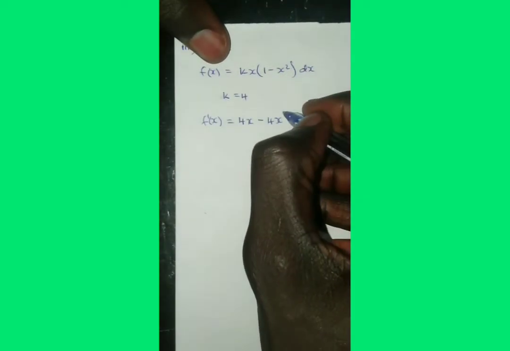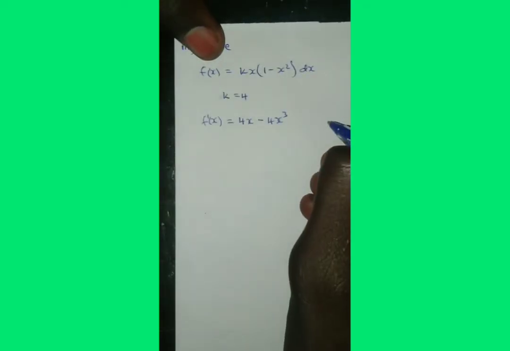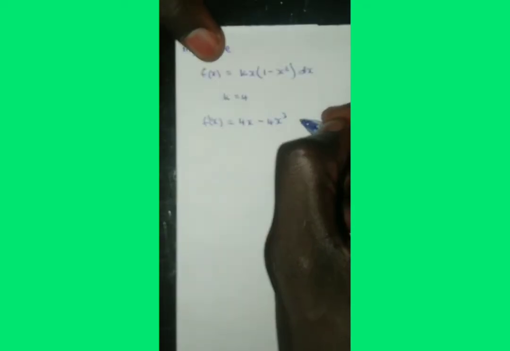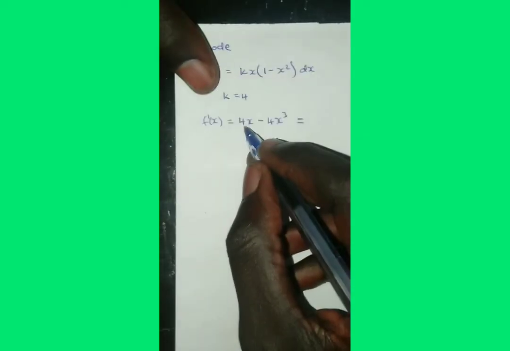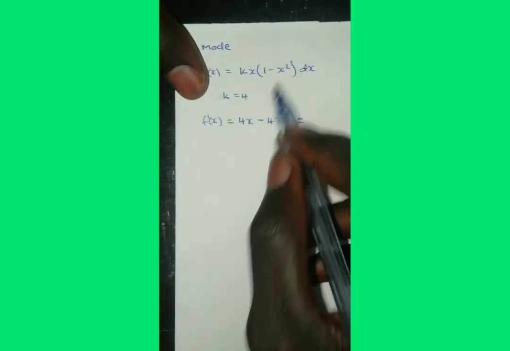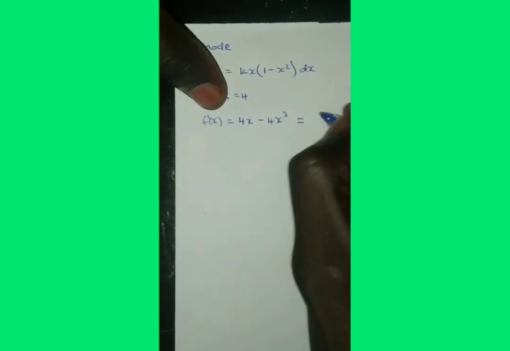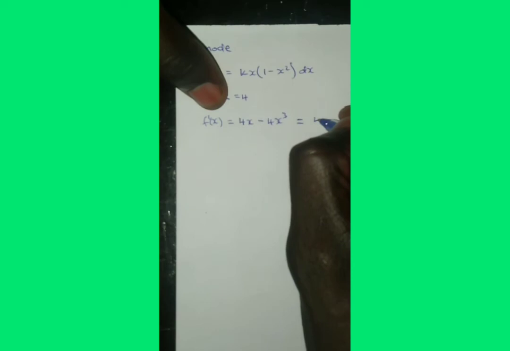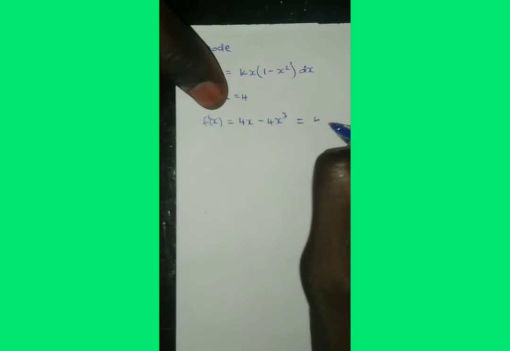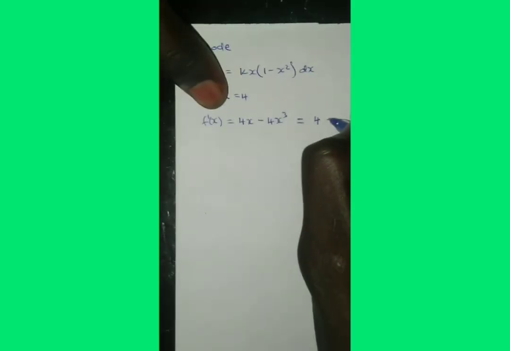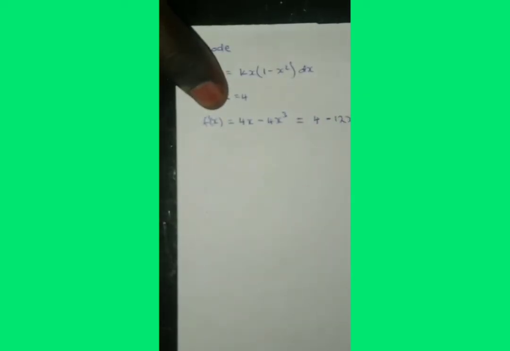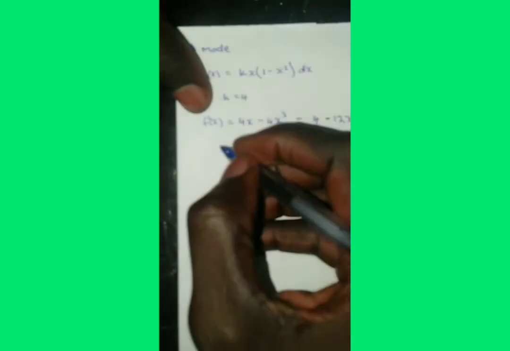I'm just opening the bracket. So if I differentiate this one, I've just opened the bracket, it will remain with 4, and then minus 12 x squared, that is f prime of x.